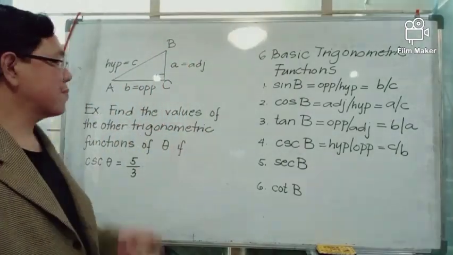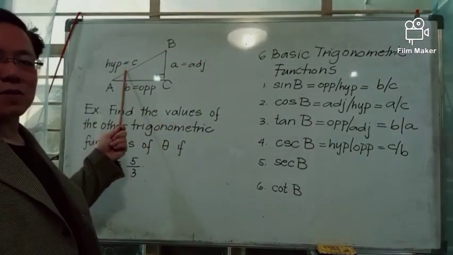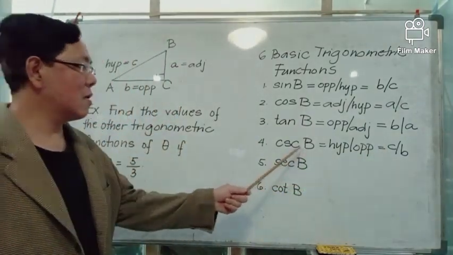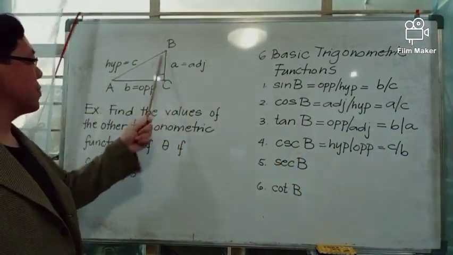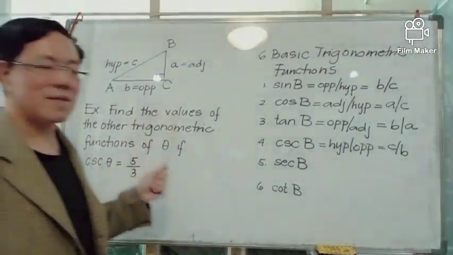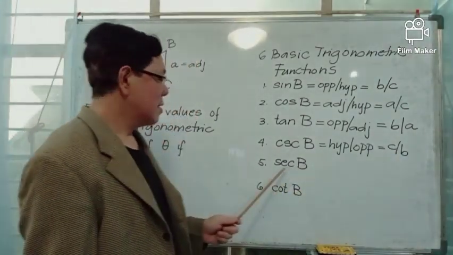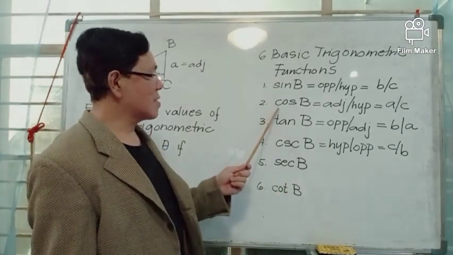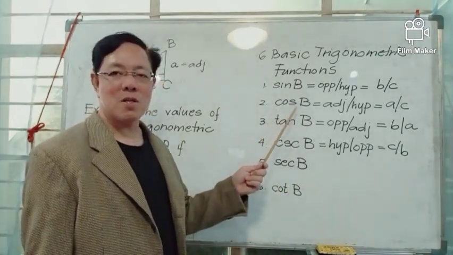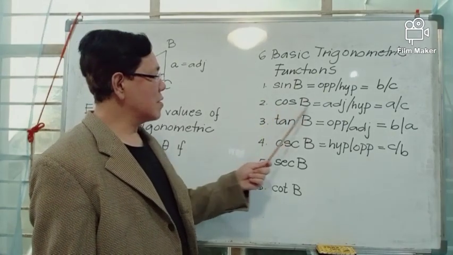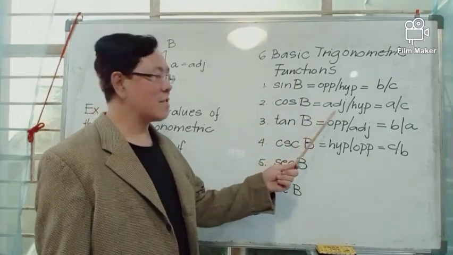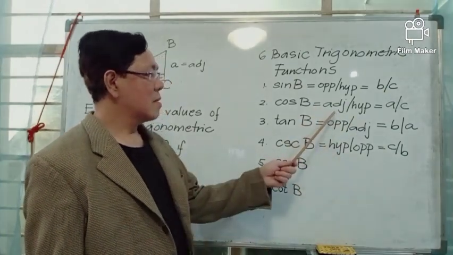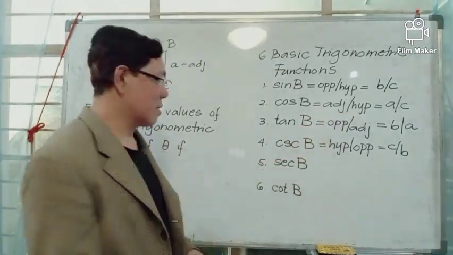Or from the diagram, the hypotenuse is c, and the side opposite the acute angle B is small b. 5. The secant of angle B is the reciprocal of the cosine function, whose value is the ratio of the adjacent to the hypotenuse. Its reciprocal is hypotenuse over adjacent.